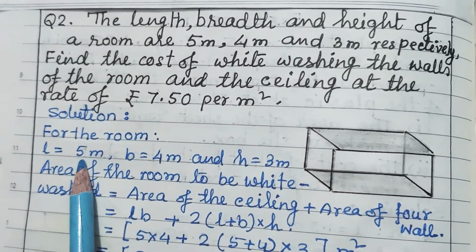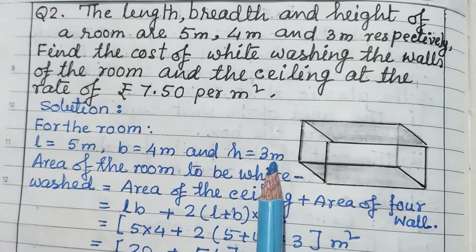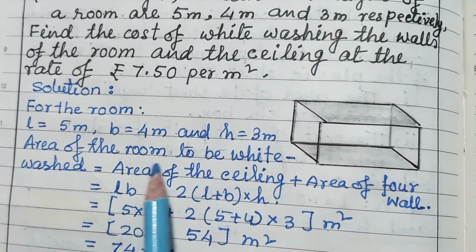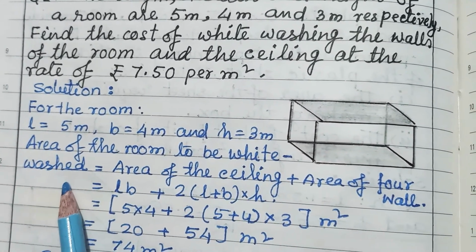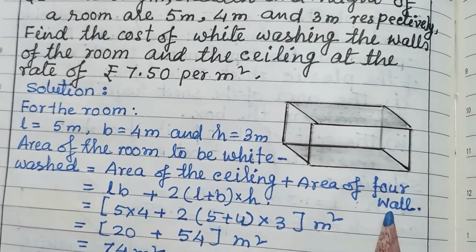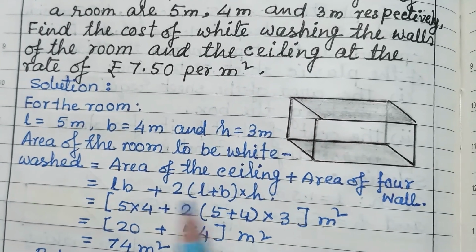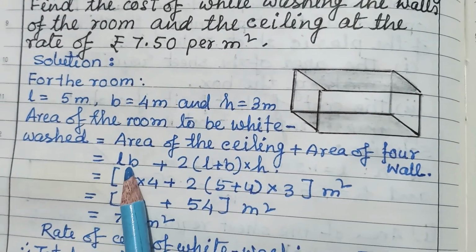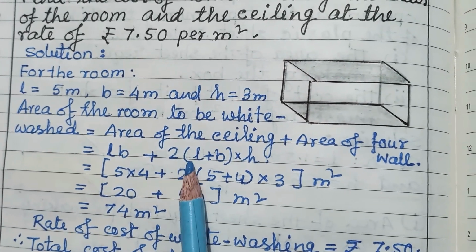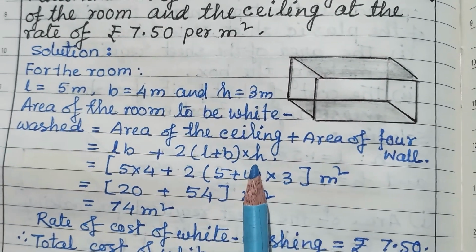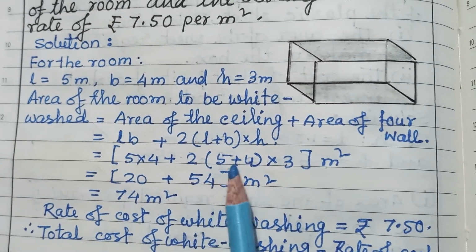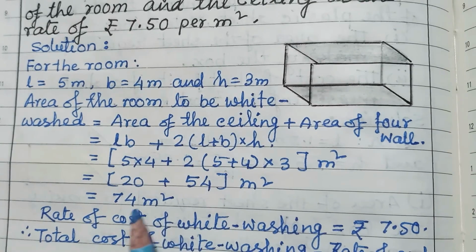For the room, length, breadth and height are given. The area of the room to be whitewashed is the area of the ceiling and the area of 4 walls. The formula: length into breadth for the ceiling, and 2 into (length plus breadth) into height for the 4 walls.